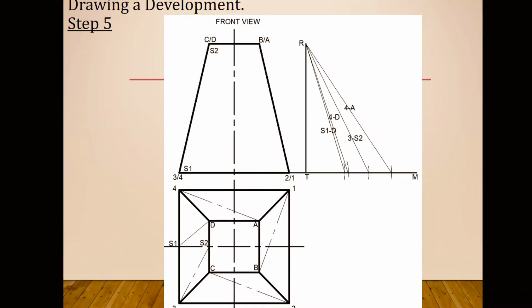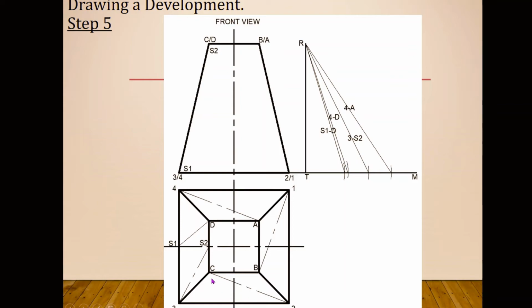This method is called triangulation. Because your faces are more of a trapezium, it will be difficult for you to establish points when there's no triangulation. So you'll have to divide your line such that one line starts from the bottom corner and goes upwards.